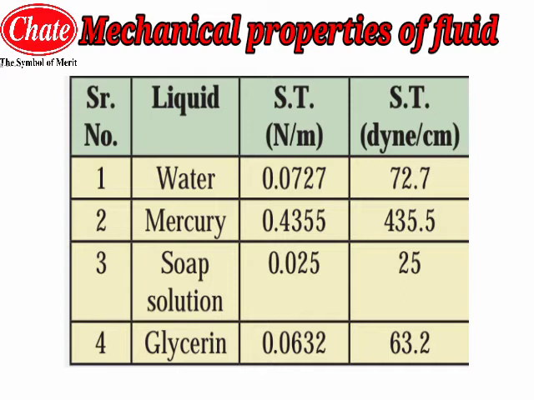For mercury, the surface tension in Newton per meter is 0.4355, and in dyne per centimeter it is 435.5. For the soap solution, the surface tension in Newton per meter is 0.025, while in dyne per centimeter it is 25. For glycerin, the surface tension in Newton per meter is 0.0632, while in dyne per centimeter it is 63.2.